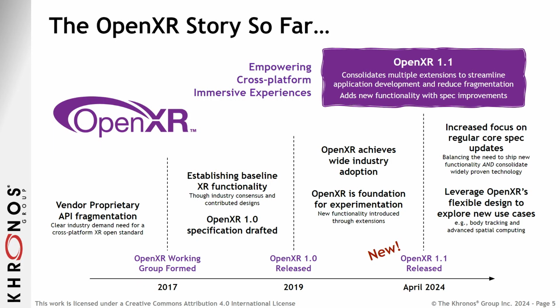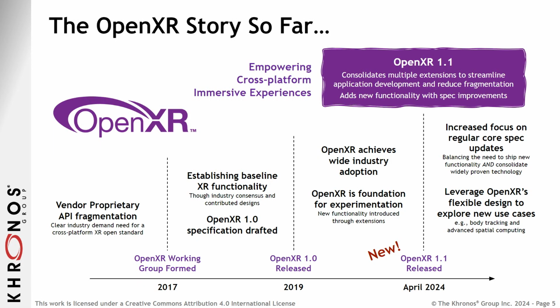And we've now, just a few months ago, in April 2024, released OpenXR 1.1. It's actually a significant release. It marks a milestone in the working group's effort to build this meaningful ecosystem.